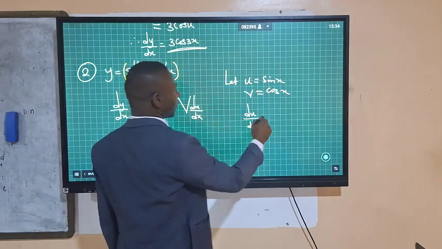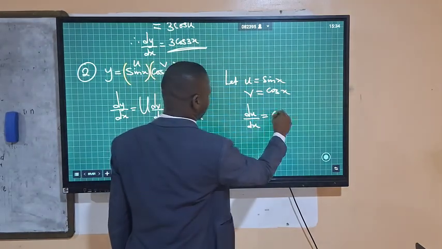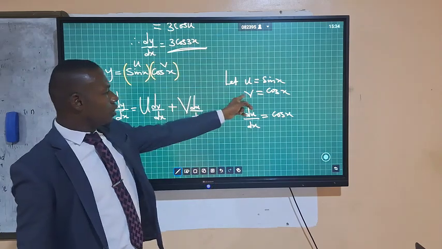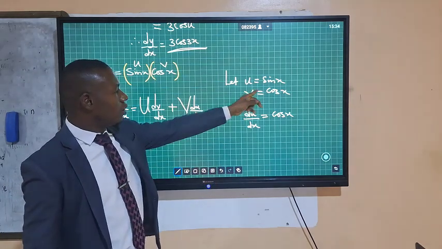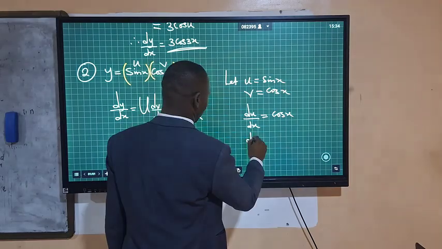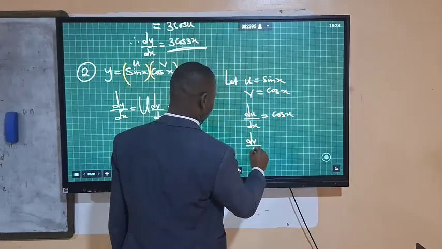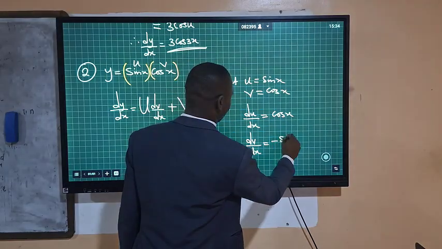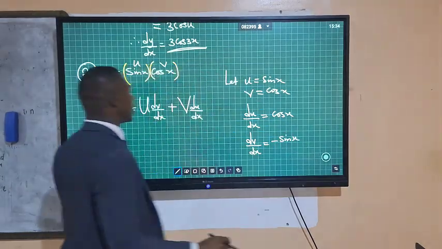You are differentiating sine x, what will you get? Cos x. When we differentiate v with respect to x, we have dv over dx will be minus sine x.